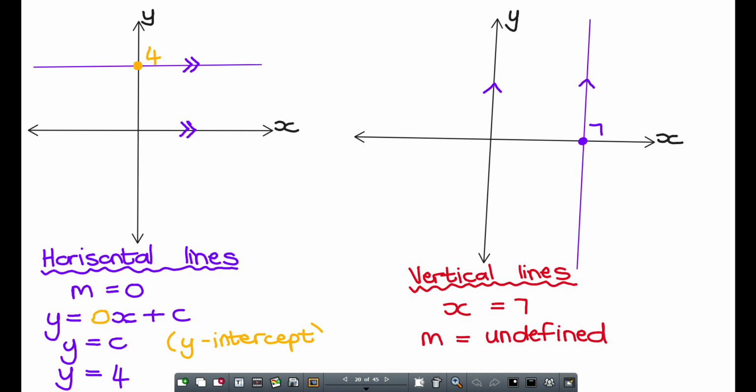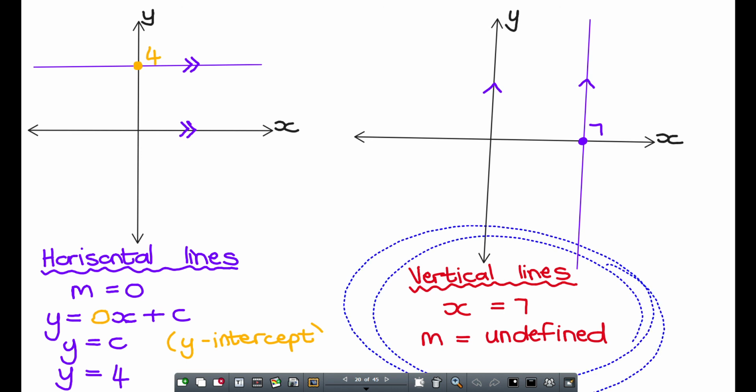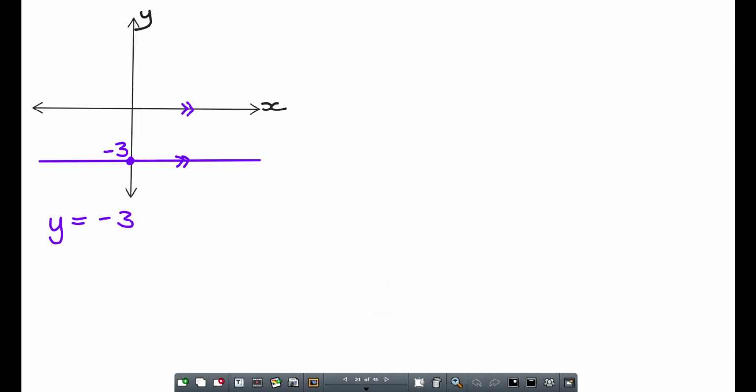Then we start actually having a gradient. But when we get to the vertical line, do we have a gradient there? No. Gradient is undefined when it's a vertical line. Then we did do examples. We said a horizontal line only cuts through the y-axis. Wherever it cuts through, like in this case, it cuts through at -3.